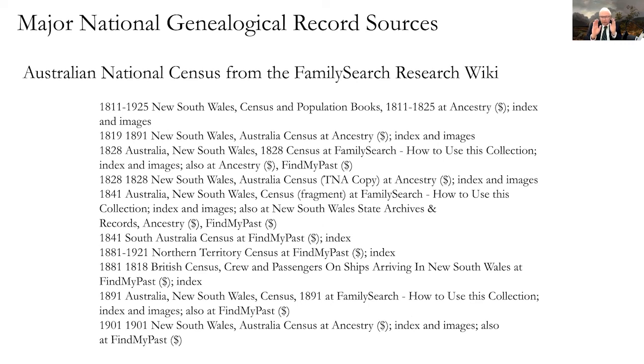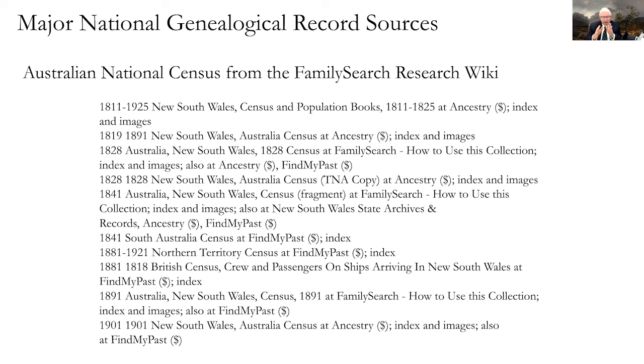Now, another interesting thing to see is the census records. And you can see here, there's a list of all the different census records. And you'll see that they're spread out in different websites.